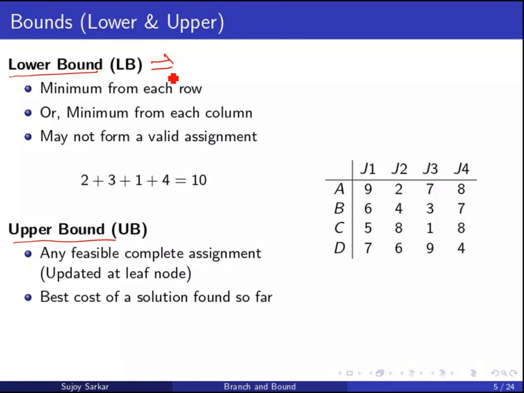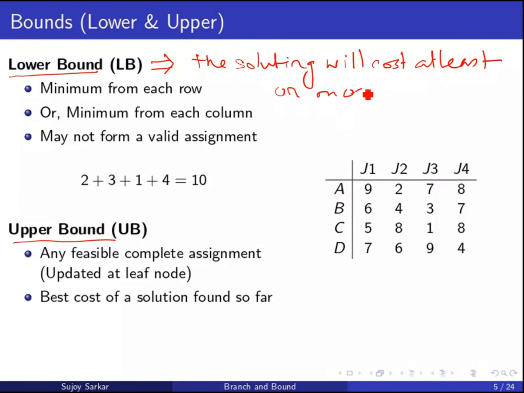This will indicate that the solution will cost at least this much, at least or more. So this will give us some idea that a certain solution cannot go below this.